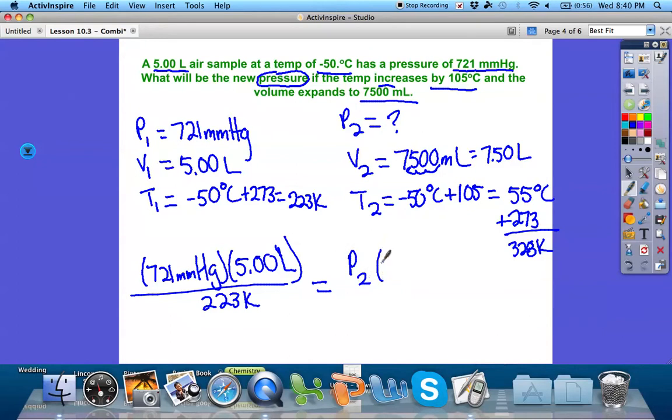P2 times V2, which is 7.50 liters. And T2 is 328 Kelvin.